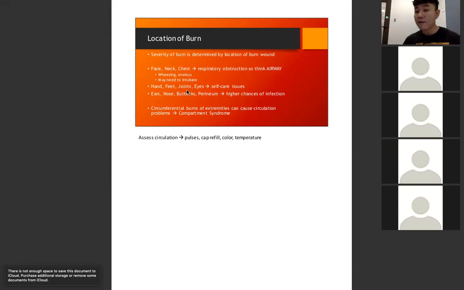If they have burn injury in the hands, feet, around the joints, or eyes, we need to focus on self-care issues. If they have burns on the ears, nose, buttocks, and perineum, they will have a higher chance of infection. Circumferential burn of extremities can cause circulation problems, which can lead to compartment syndrome. Assess circulation: pulse, cap refill, color, and temperature.